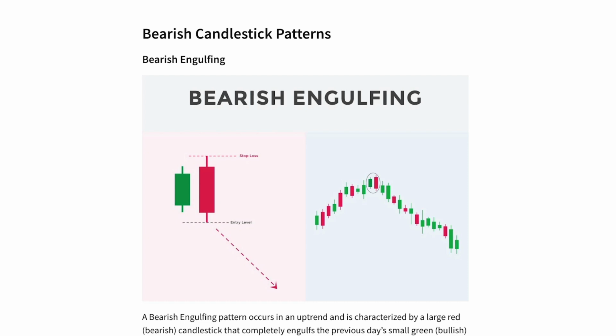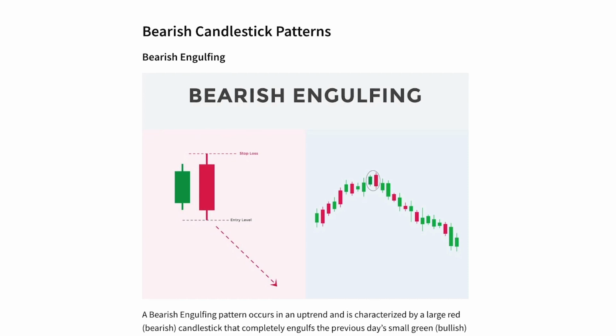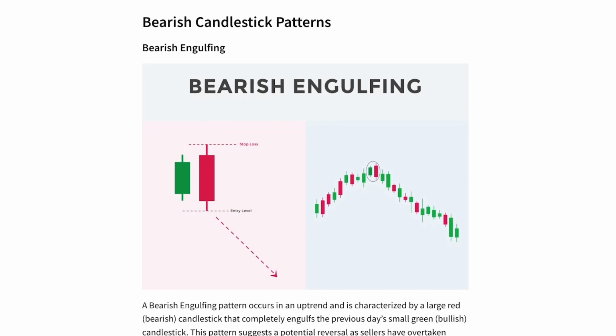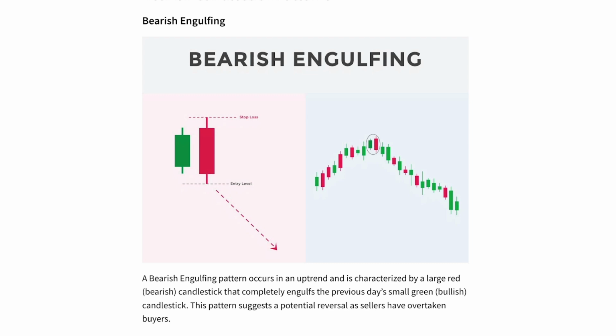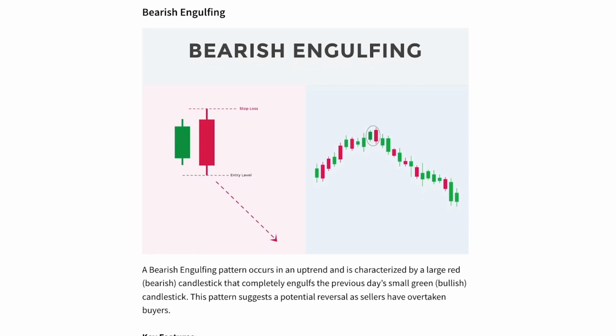So now we're going to cover just some of the popular bearish candlestick patterns. The first one is similar to the first one we covered for the bullish, and that would be a bearish engulfing candlestick. So it's sort of the opposite of the bullish engulfing candlestick. It occurs in an uptrend, characterized by a large red candlestick here that engulfs the previous green candlestick in the price action.